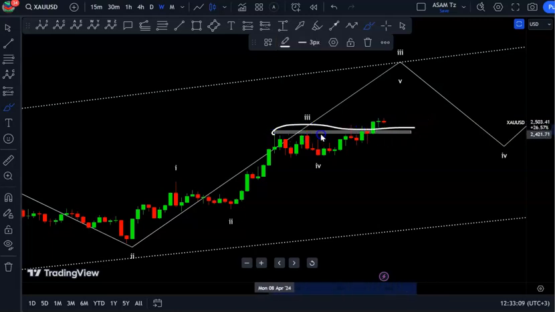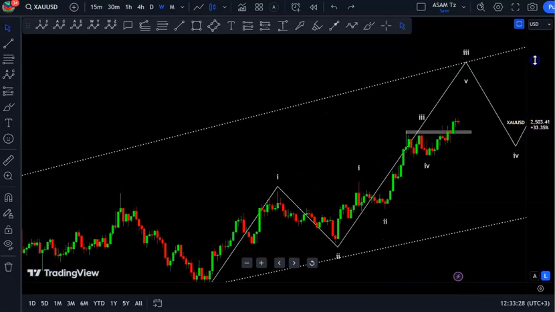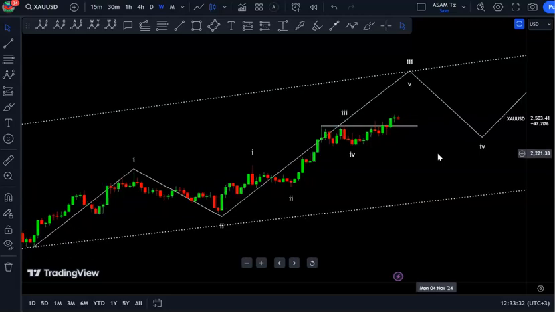You see we have this static support here, so this level should be retested, because since price broke the level, these two candlesticks are flying above. So we expect maybe one of the candlesticks is going to touch this level before price continues to the upside. That is the mostly expected move.